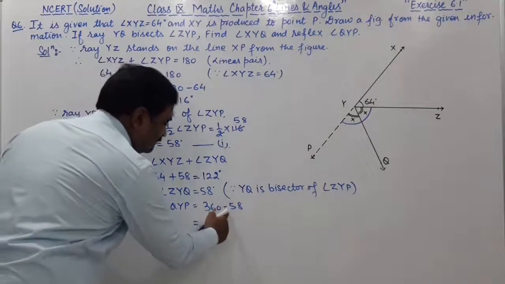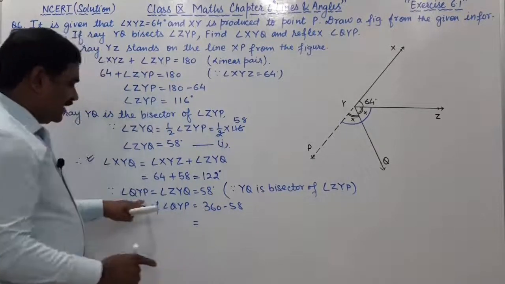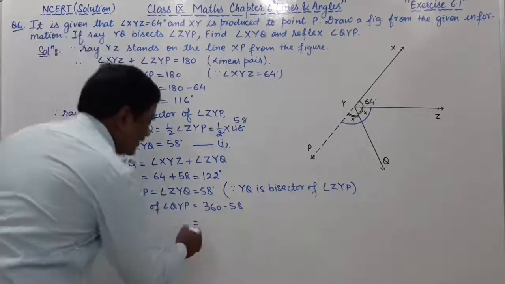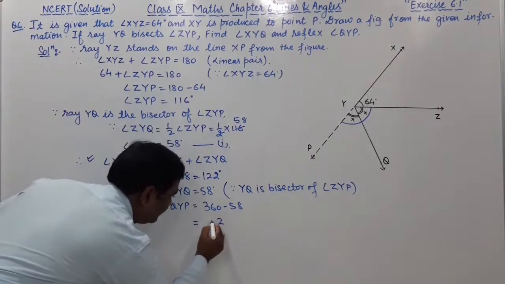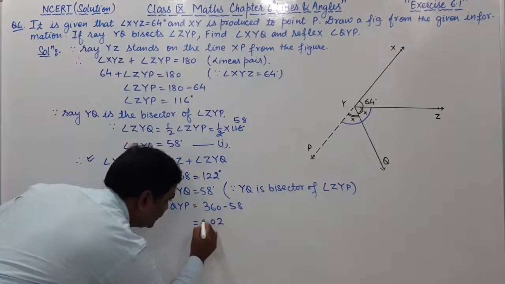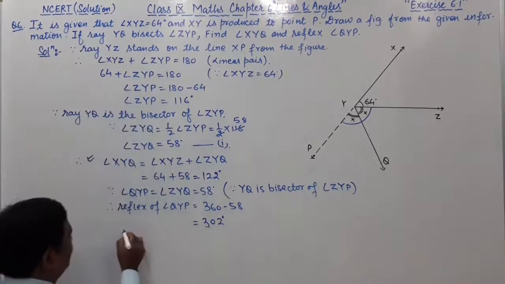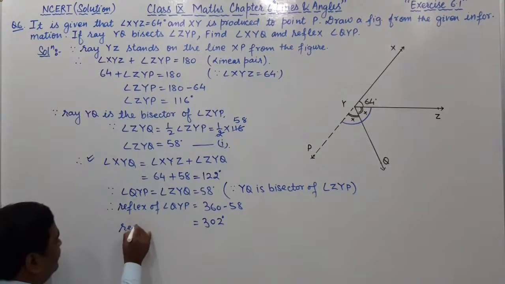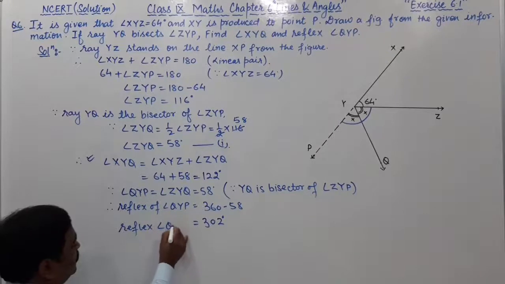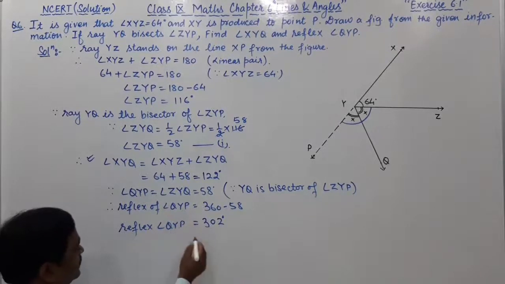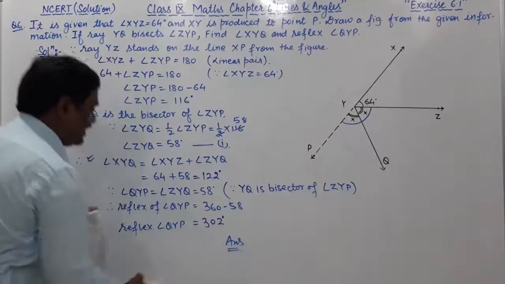Reflex angle of QYP is equal to 360 minus angle QYP, which is 58. Subtract it. 10 minus 8 is 2. 5 minus 5 is 0. So you got 302 degrees. Therefore, reflex angle QYP is equal to 302 degrees. This is our answer.